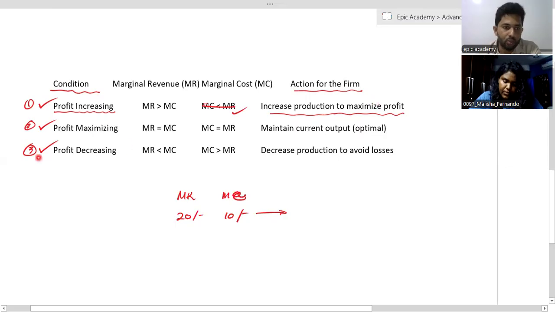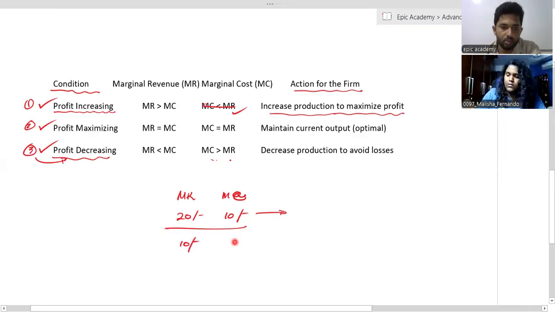Let's move to the third one, profit decreasing. This is when marginal revenue takes a lesser value than marginal cost, or marginal cost takes a greater value than marginal revenue. For example, marginal revenue is 10 rupees and marginal cost is 20 rupees.